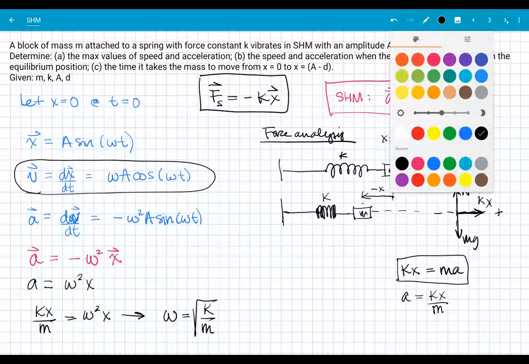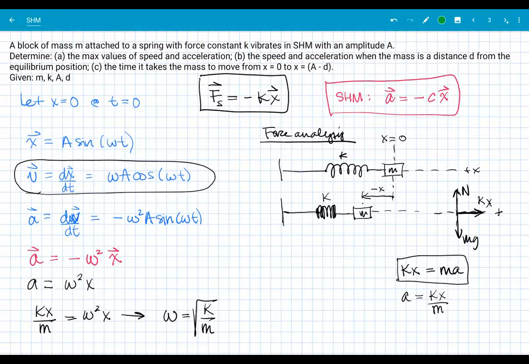So knowing that, cosine and sine both have that maximum value of 1. V max, the maximum value of speed, here I'm just thinking about magnitude, is then going to be equal to omega a. So now I know that I can write that as root k over m times a. The maximum value of acceleration, same thing.